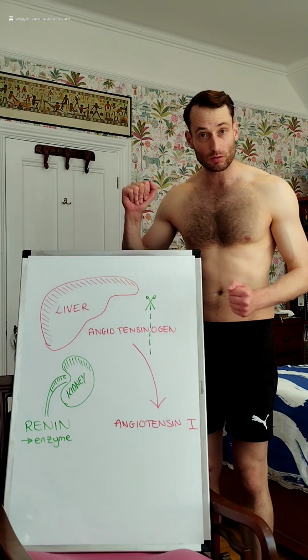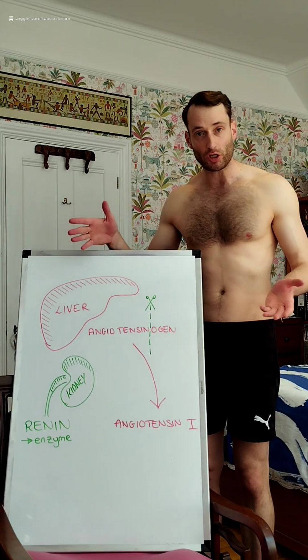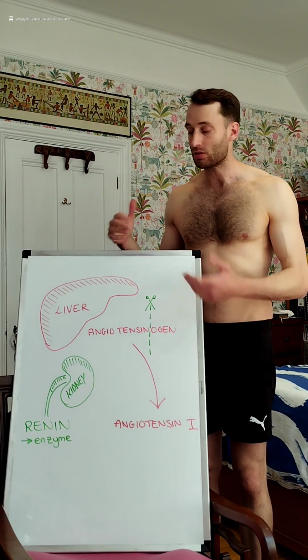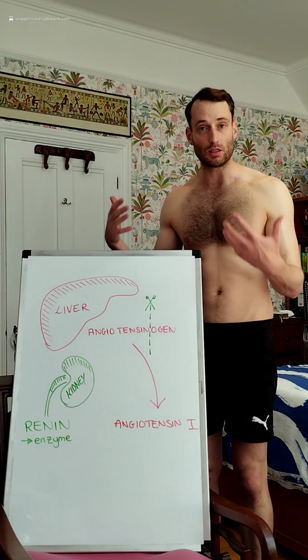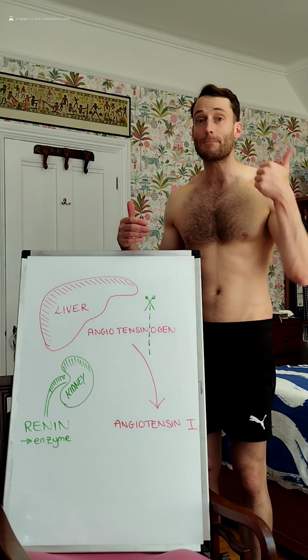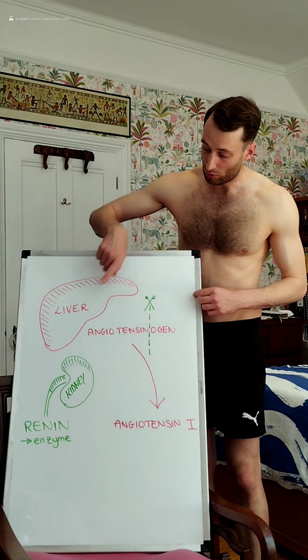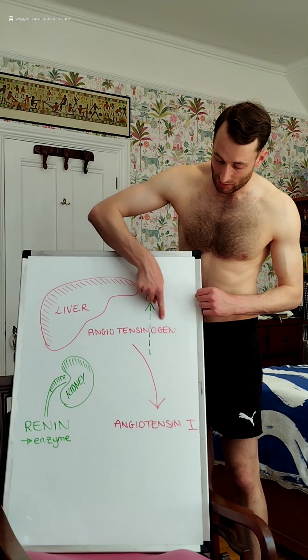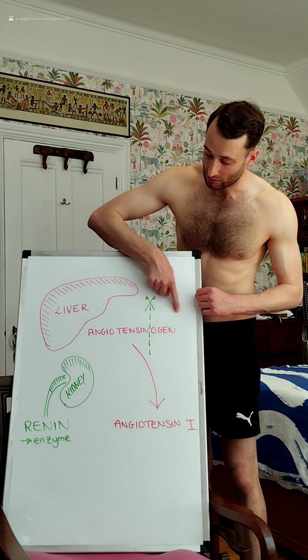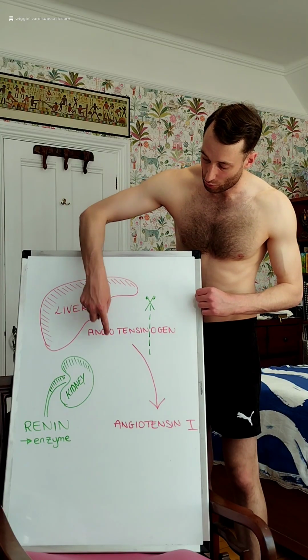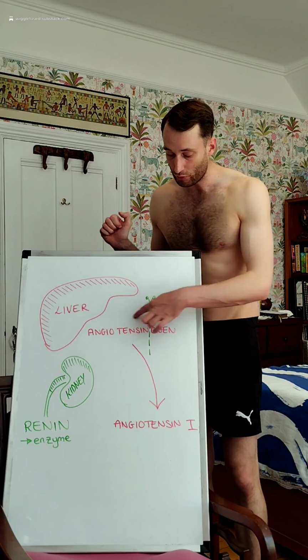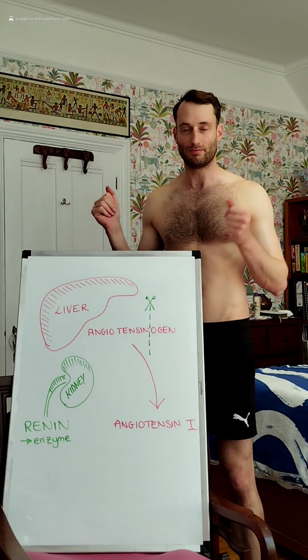Angio is blood vessels and tensin is pressure. One of the aims of the R.A.A.S system was to increase blood pressure, so this is an inactive protein that acts on the blood vessels, angio, to increase pressure, tensin.